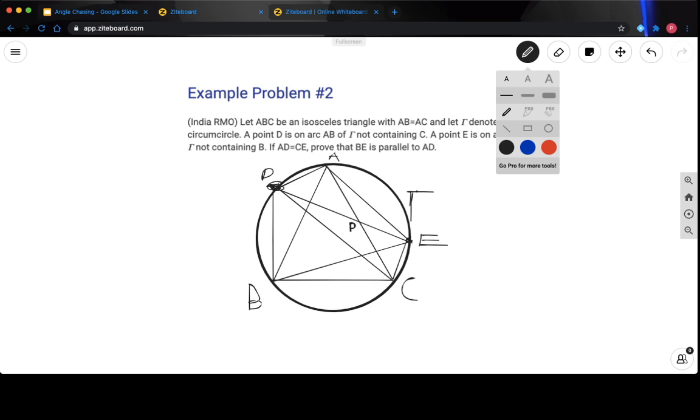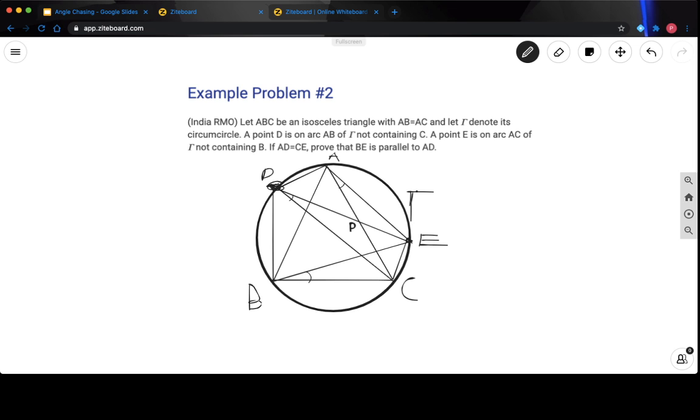The first thing I notice is that we have three angles that cut off arc EC, right? So we have that angle EBC is equal to angle EDC, which is then equal to angle EAC.